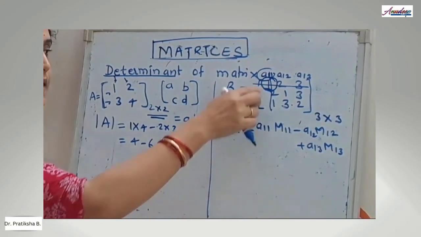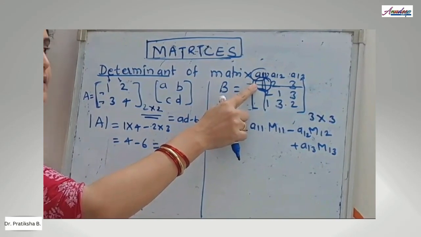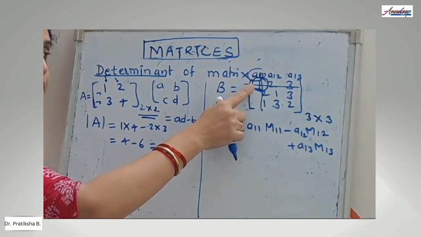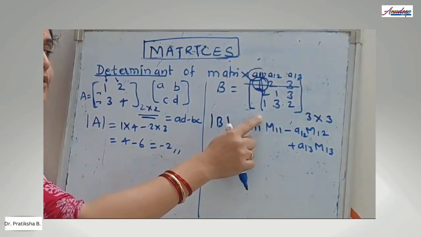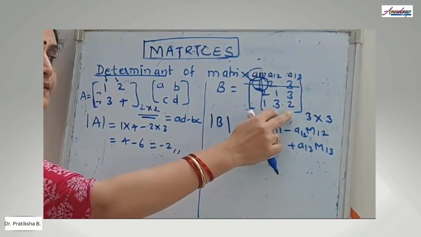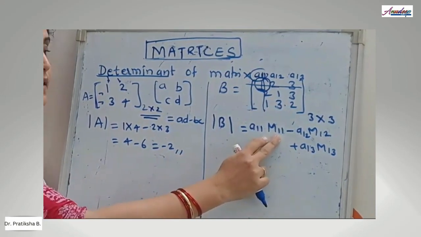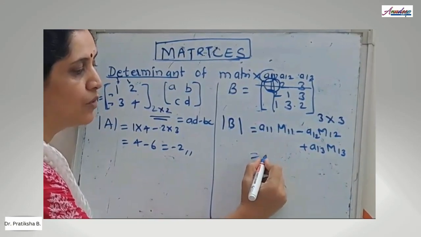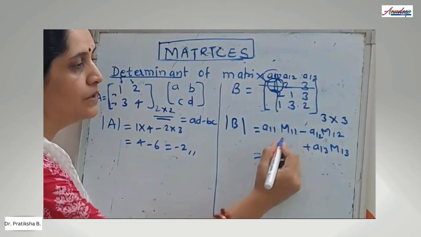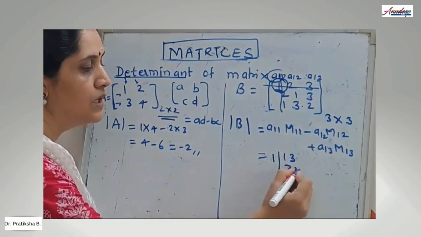So the element is at the position A11, and for this element, the minor will be obtained by deleting the row and the corresponding column for that element. The determinant of the remaining elements will give the minor. So here we get A11, which is 1, into the determinant of M11, which is 1, 3, 3, 2.